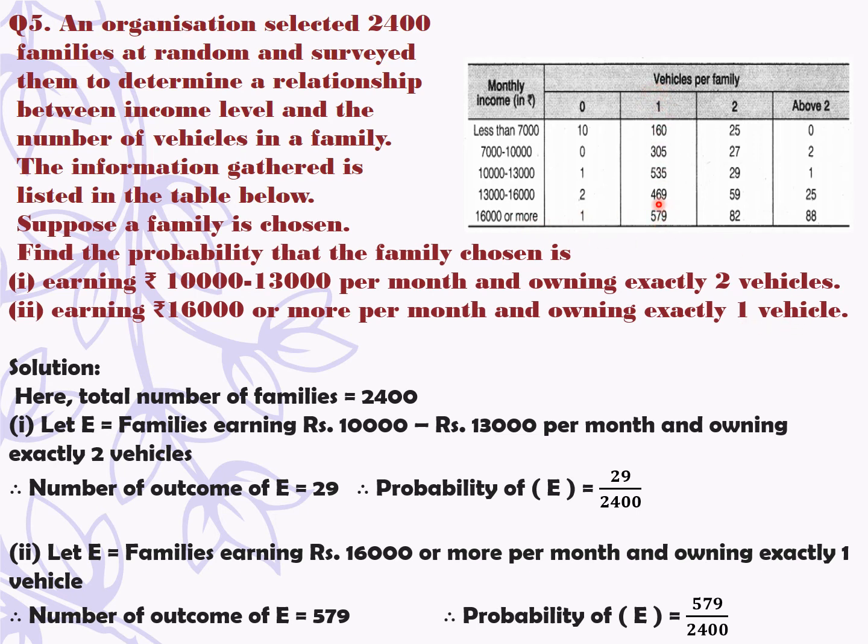So, they will own exactly 1 vehicle. So, right here, 579 is the number of outcomes of the event. Therefore, the probability will be the number of favorable outcomes, that is 579, by the total number of outcomes, that is 2400. Hence, the probability will be 579 by 2400.